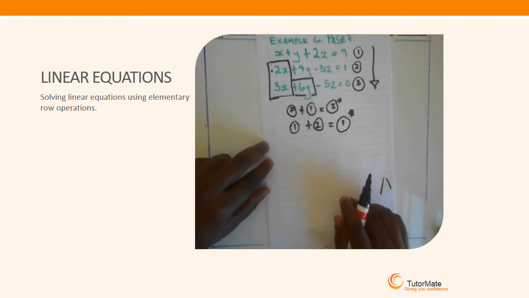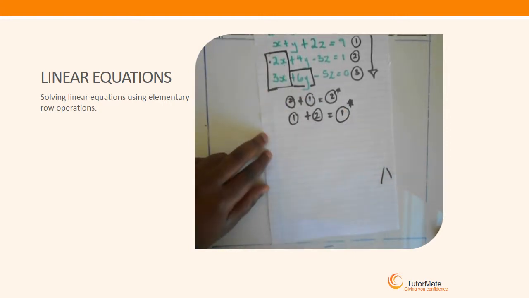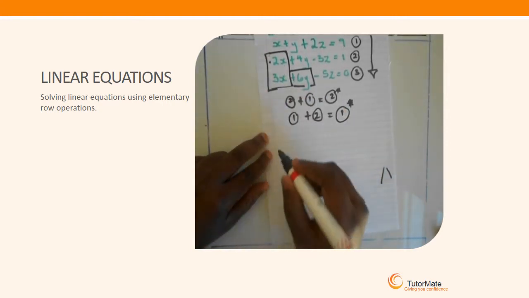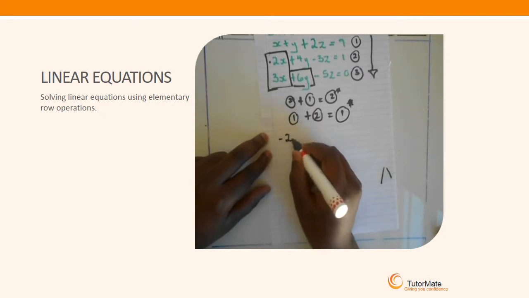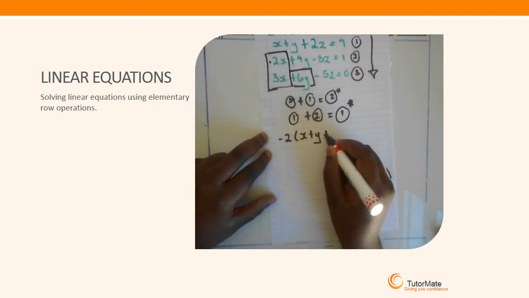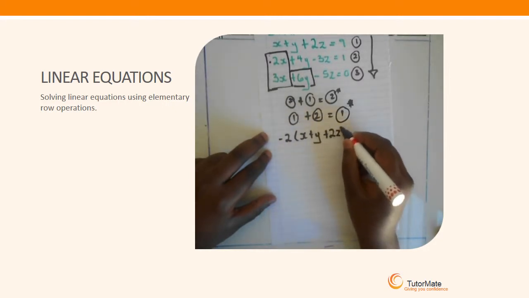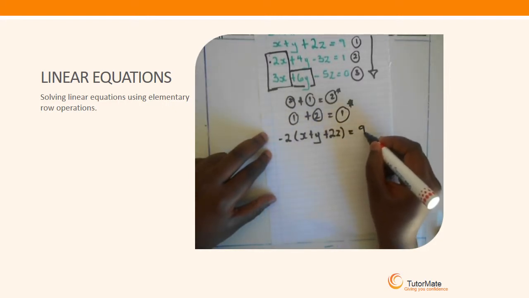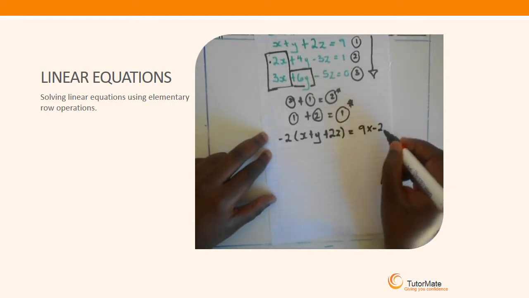In this instance, you want to multiply equation 1 by minus 2. You multiply both sides of your equation by minus 2.